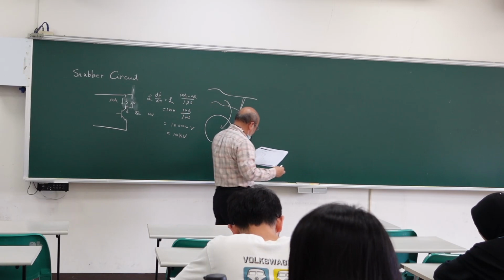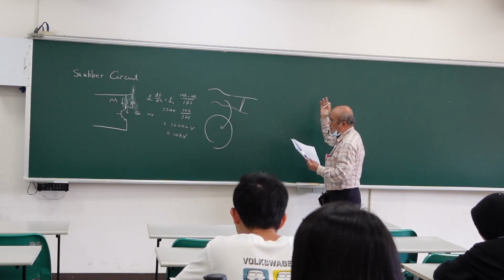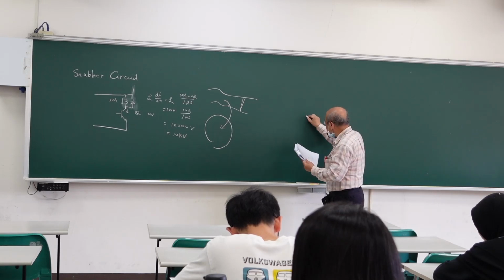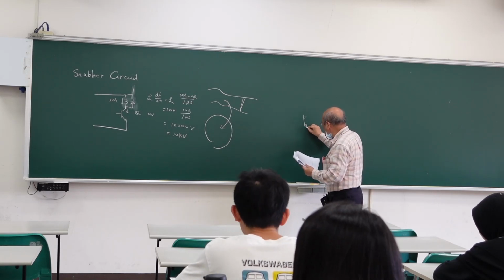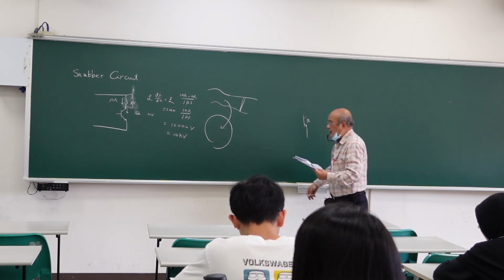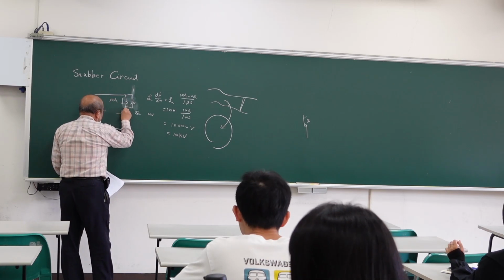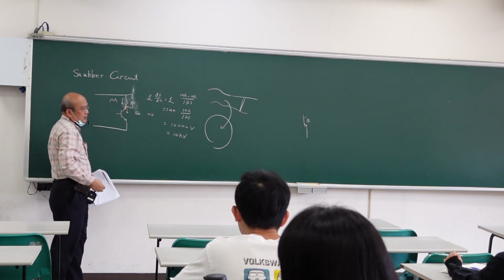So we can draw the circuit again. If you have a real circuit, then you have a switch here, and then you have a line from here to here.